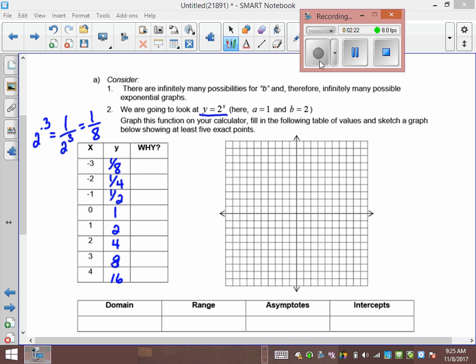All right, so we have -3 and 1/8, -2 and 1/4, -1 and 1/2, 0 and 1, 1 and 2, 2 and 4, 3 and 8.